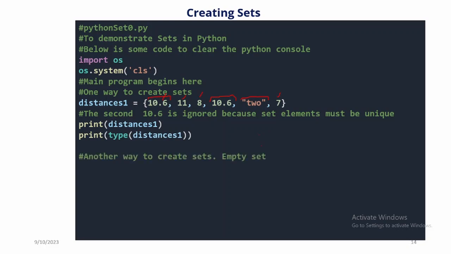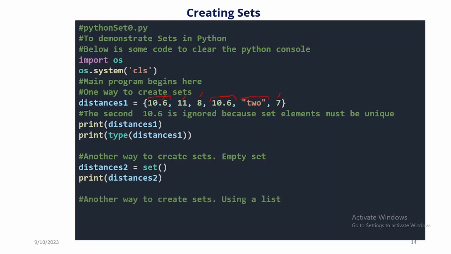Another way to create sets is to start with an empty set. So we say distances equal to set, nothing in the parentheses. If you print distances 2, you'll get an empty set. So you can also create a set by using a list. We created a list called James, and then we'll put some data in the list, different data types.